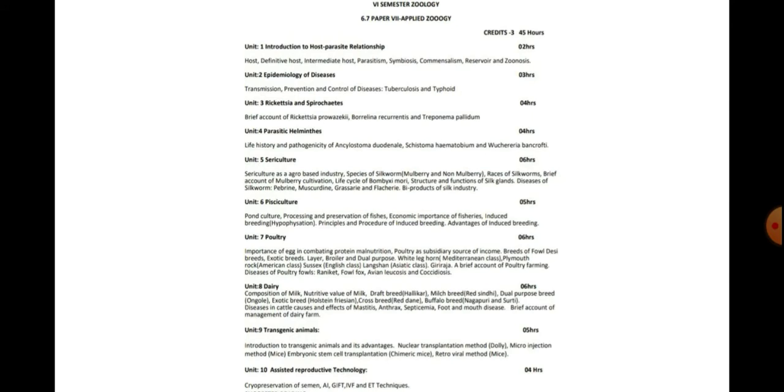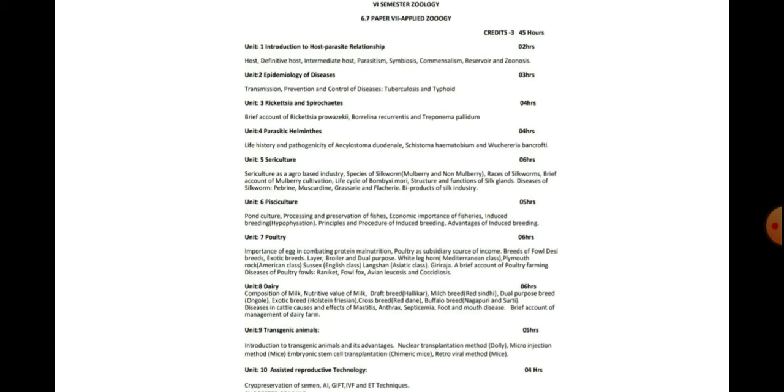In this class I'll just brief you on the syllabus and the introduction of all the syllabus which you will be studying in this whole semester. So first, what is applied zoology? What is the definition of the word applied zoology? It is one of the branches of zoology which deals with the study of scientific knowledge and its application.